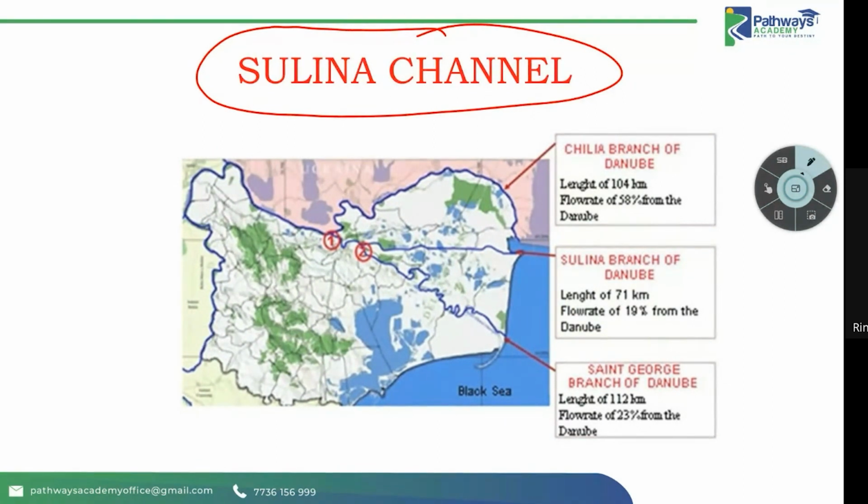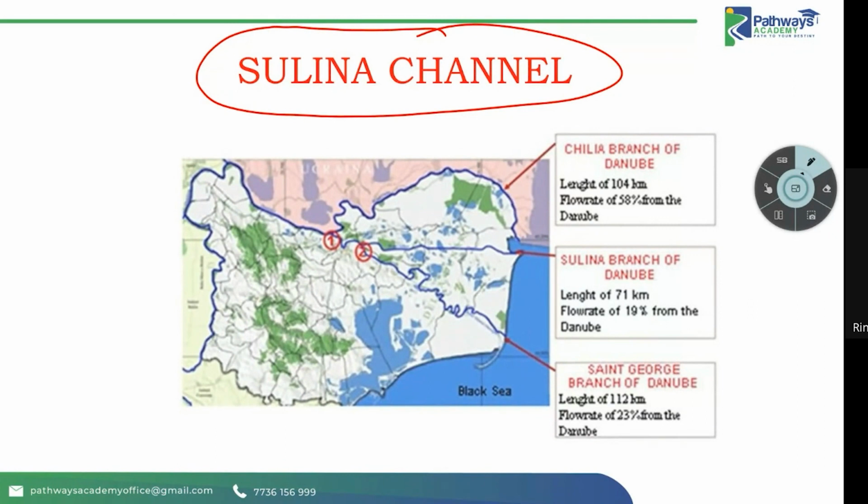Actually, there is a deal between Russia and Ukraine, the Black Sea grain deal. In this deal, a few years ago, Russia agreed with Ukraine that Russia will supply grains to Ukraine. Before this war happened, when they were friends, Russia said that they will supply grains to Ukraine.